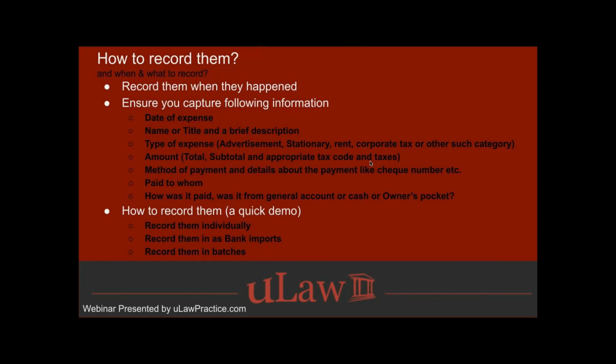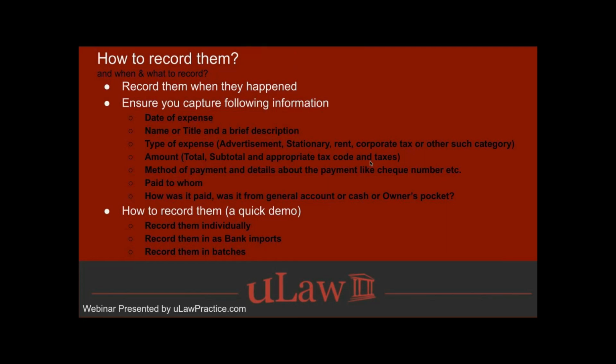So you do the drawings and make sure you record them under the respective accounts, such as the capital drawings account, individually or through bank import when you're uploading the bank statement, or through the batch import when you connect your bank.